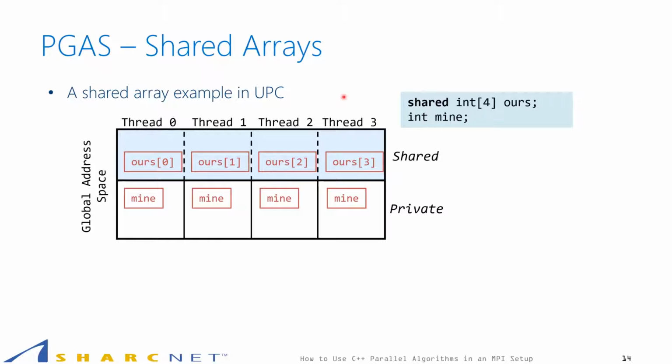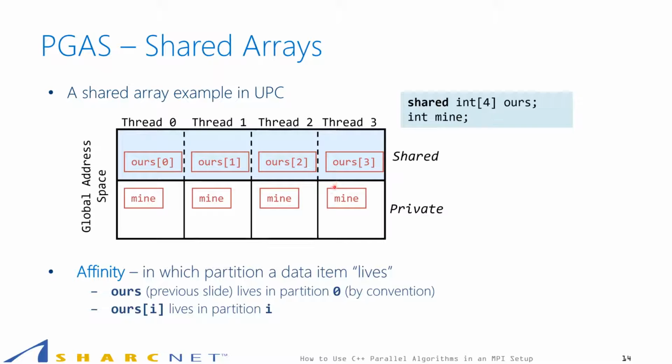A shared array example in UPC is like this. And if we have a 4-element array like this called ours, then each element of this array is accessible by each thread, but each of them is located in one of these threads.